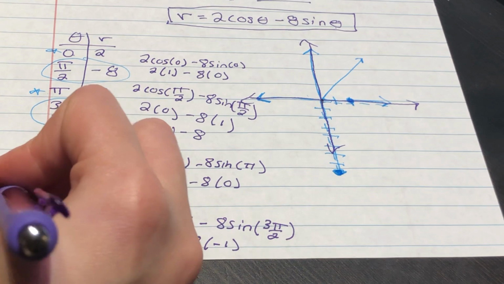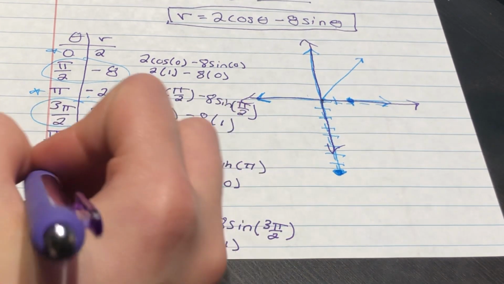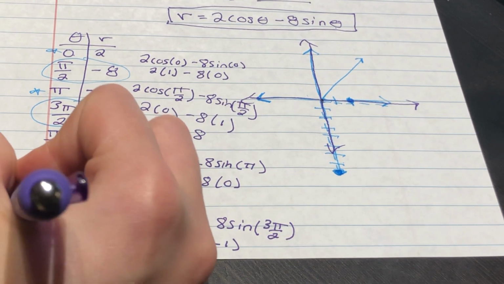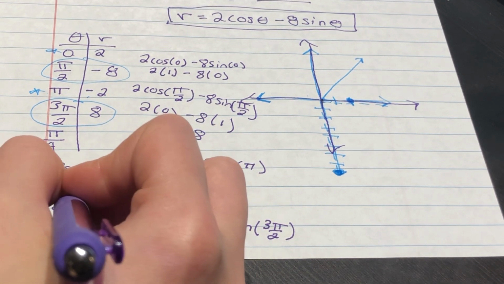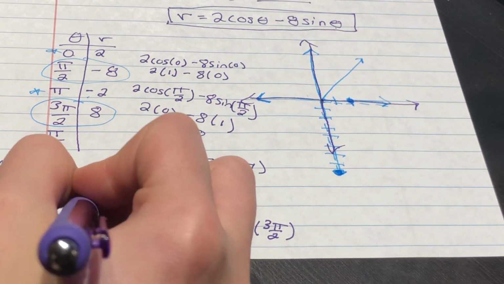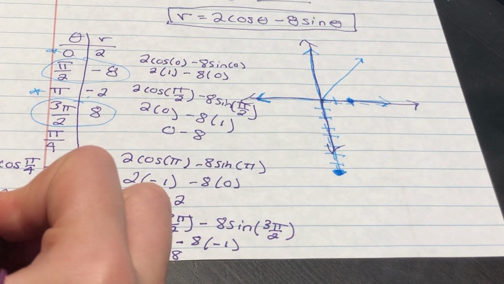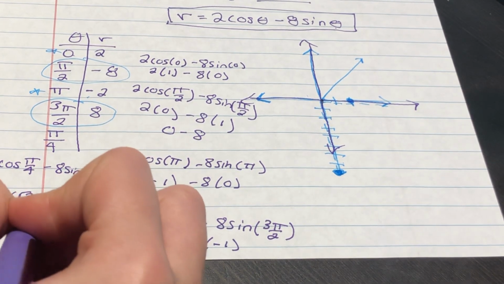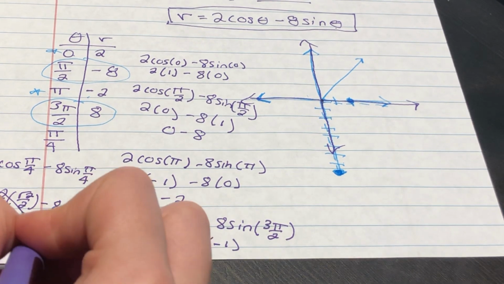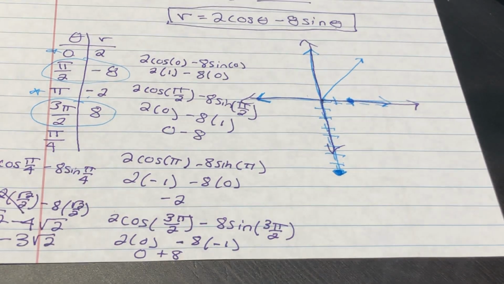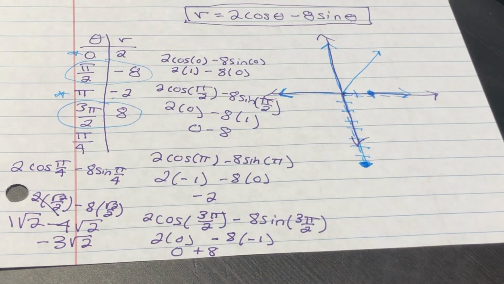So the cosine of pi over 4 is root 2 over 2, minus 8, and the sine of pi over 4 is also root 2 over 2. So I'll get root 2 minus 4 root 2. 1 minus 4 is negative 3 root 2. If you don't know what that is, you can plop that into your calculator.